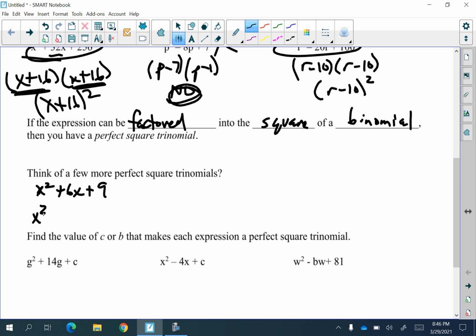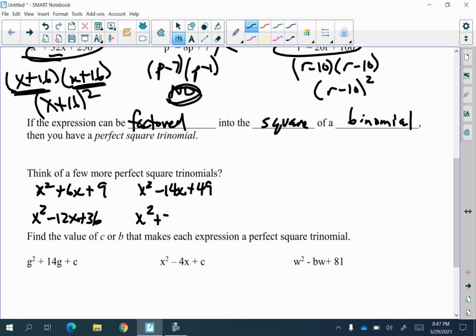I can do x squared minus 12x plus 36, because that's x minus 6 times x minus 6. I can also do x squared plus 12x plus 36, because that's x plus 6 squared. x squared minus 14x plus 49, because that's x minus 7 times x minus 7.